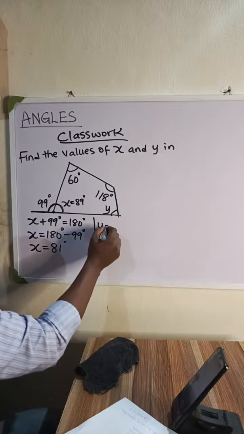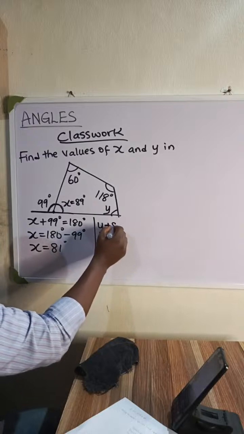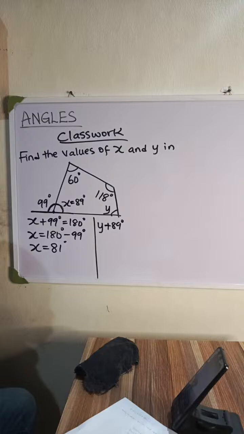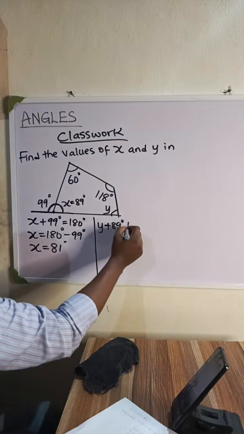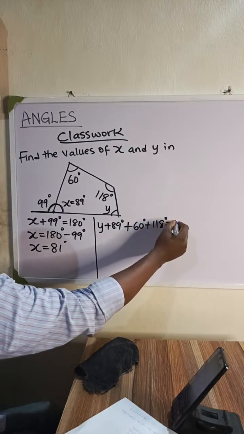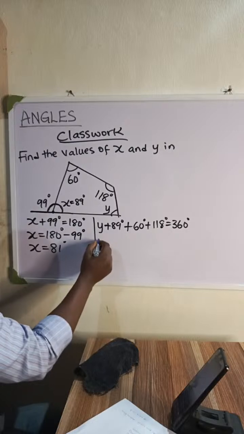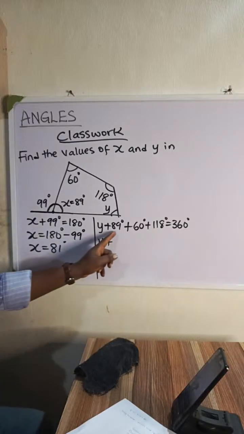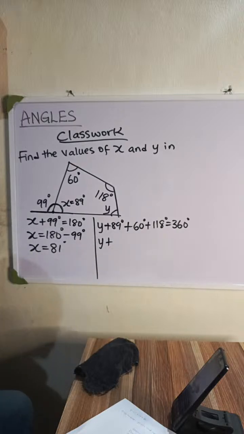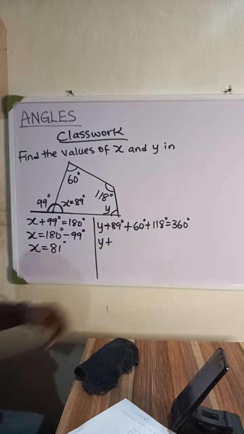So y plus 89 degrees plus 60 degrees plus 108 degrees is equal to 360 degrees. When you add these three, what do you get?